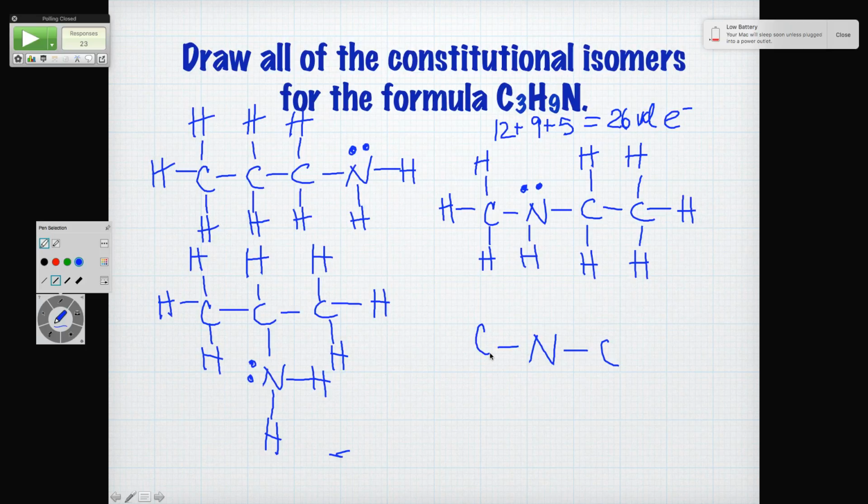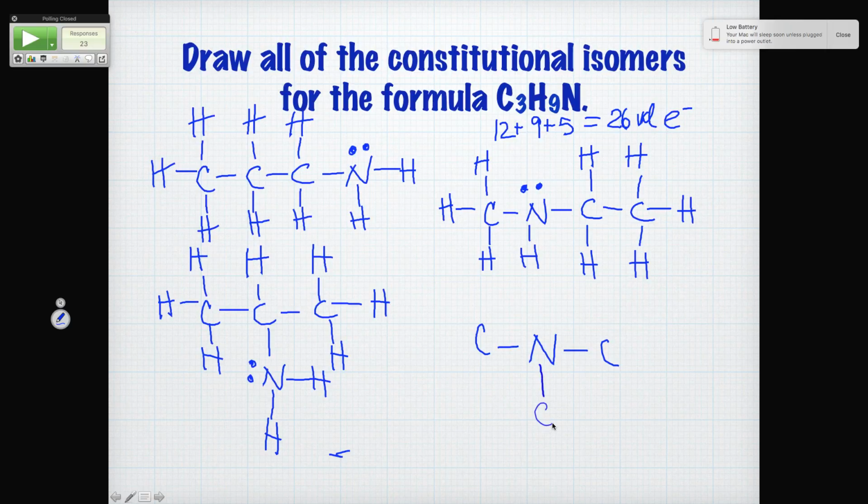Okay, so the 3rd carbon is going to be attached to the nitrogen. Each carbon is going to get how many hydrogens? 3. How many hydrogens does the nitrogen get? There's no reason that you have to have a hydrogen. You just have to have your bonds.